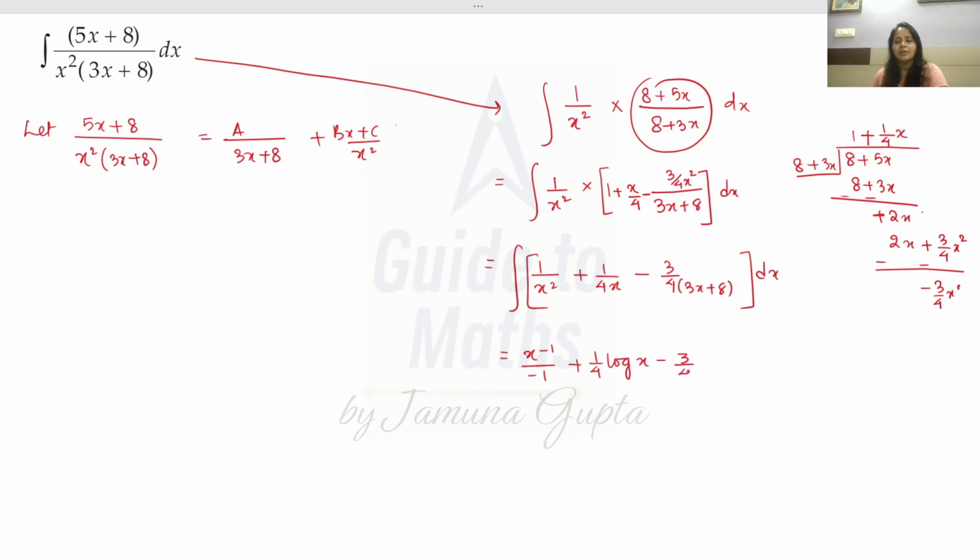Minus 3 by 4, integration of 1 by this 3x plus 8 will give you log of 3x plus 8. Since this is a linear function of x with a coefficient, we are going to multiply the denominator with that coefficient of x. So it is minus 1 by x plus 1 by 4 log of x minus 1 by 4 log of 3x plus 8, plus c.